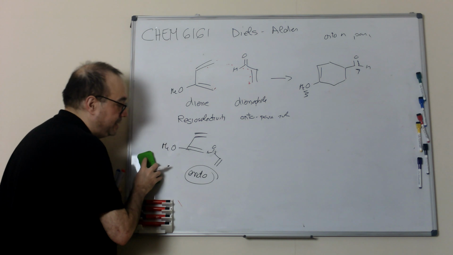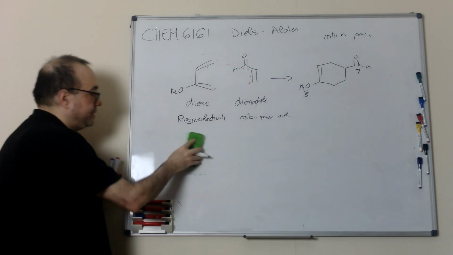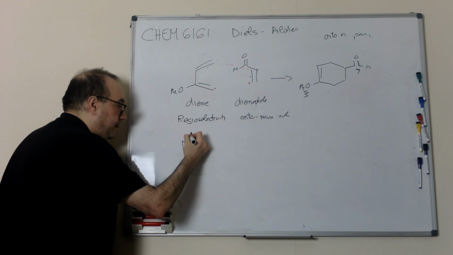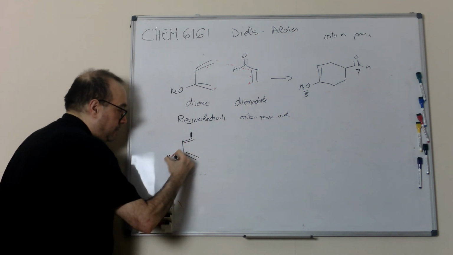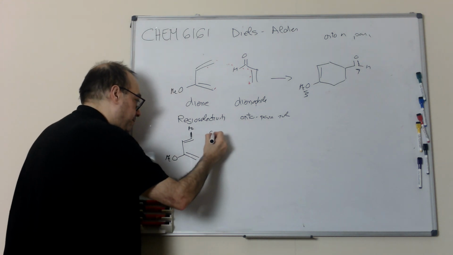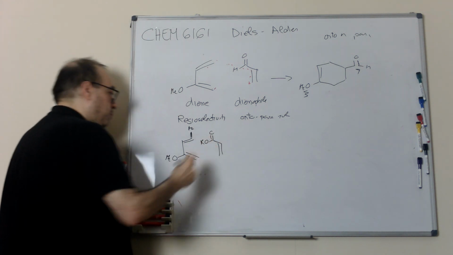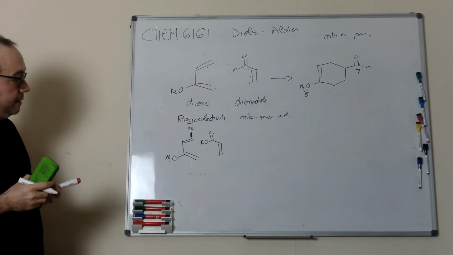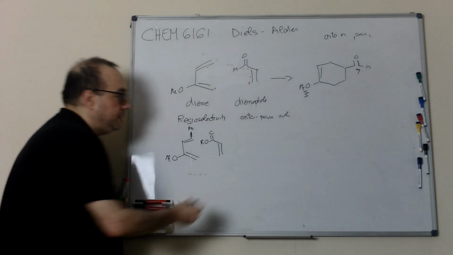We will do it with one example. For example, we are using this compound with a methyl here, and we are reacting with this acrylate. What will happen? We draw the transition state.